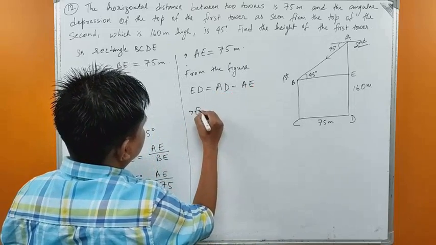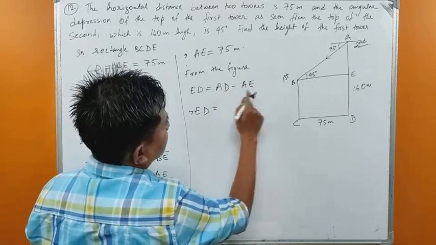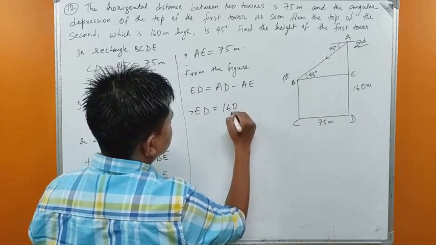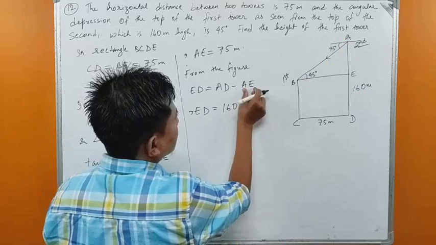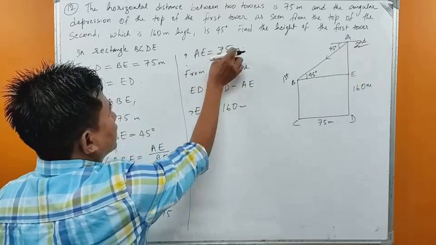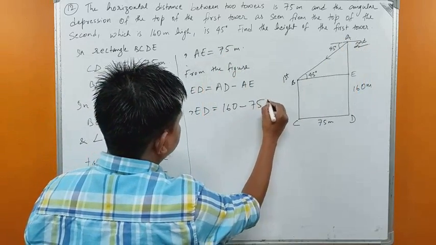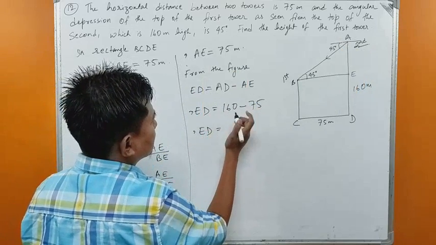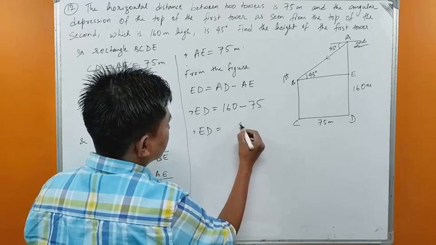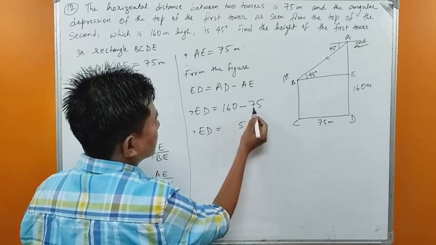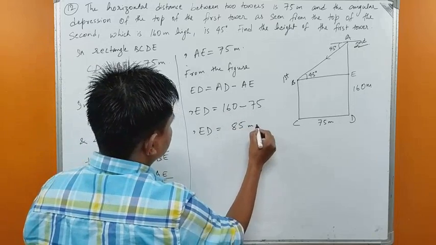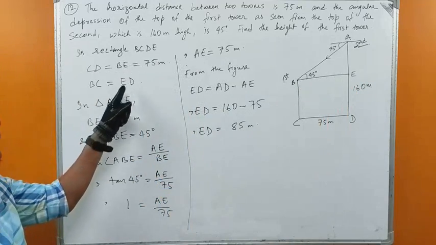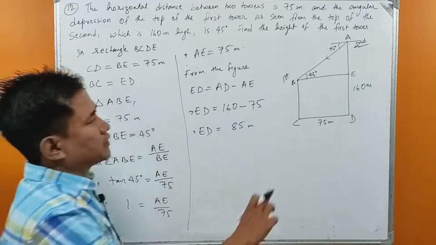What is AD? AD is given to us as 160 meters, the height of the second tower, minus AE. AE we found is 75, so we write 75 here. ED equals 160 minus 75. So 10 minus 5 is 5, this becomes 15, 15 minus 7 is 8, so 85 meters. ED and BC are equal, opposite sides of the rectangle.